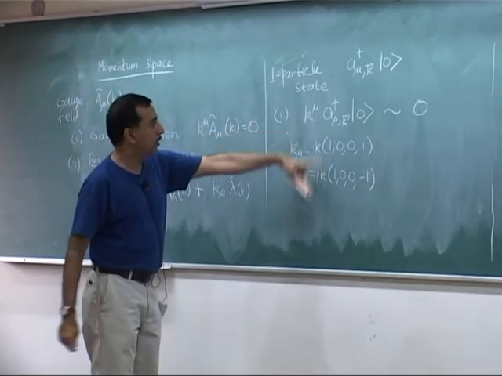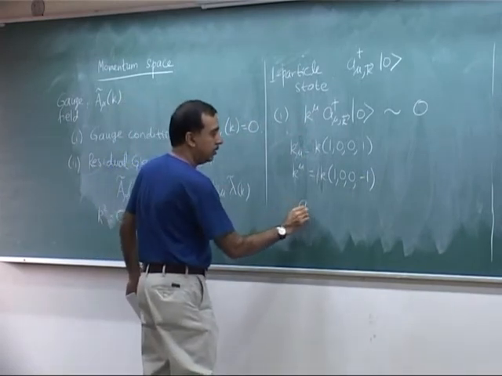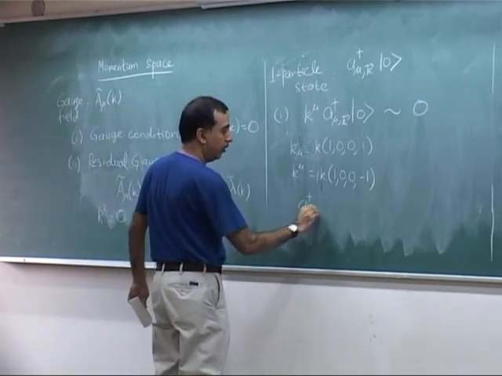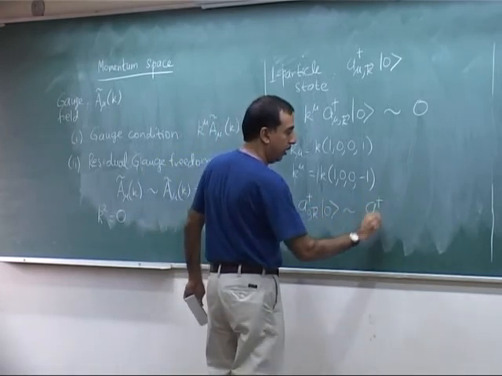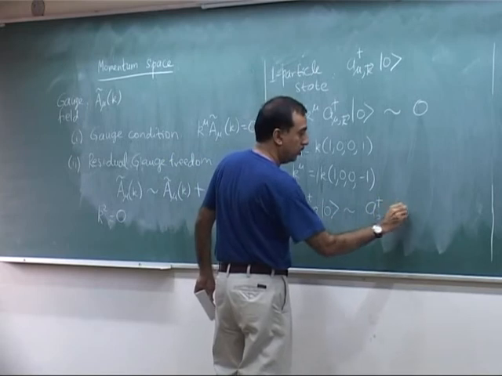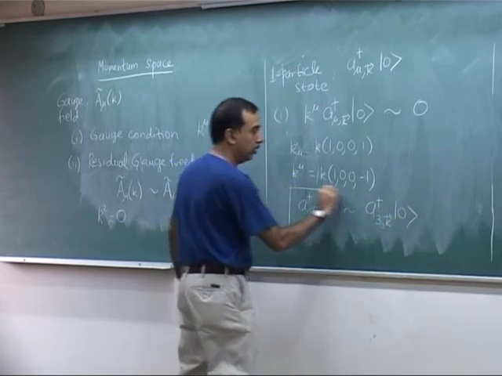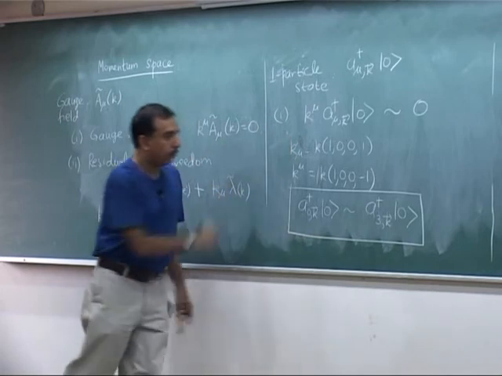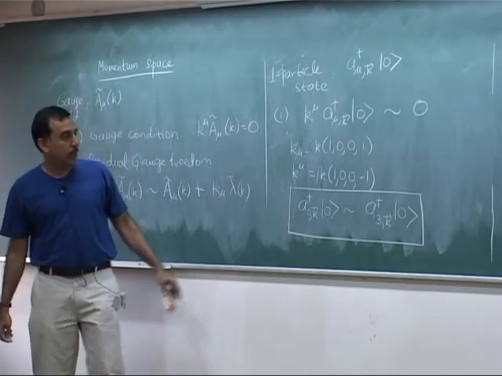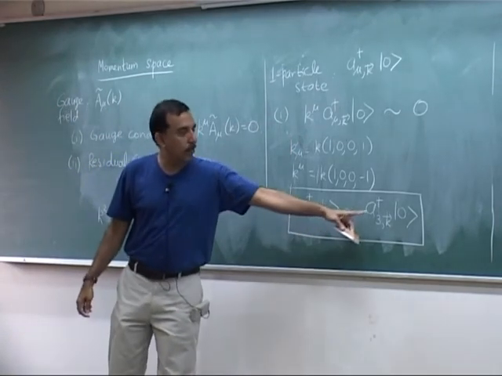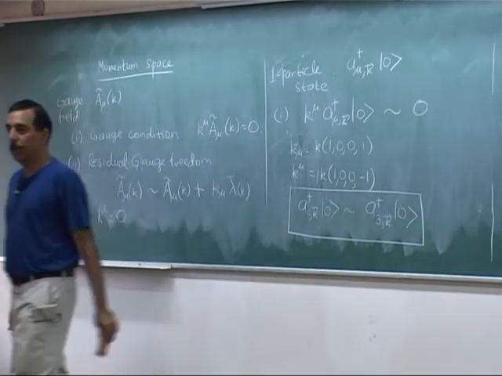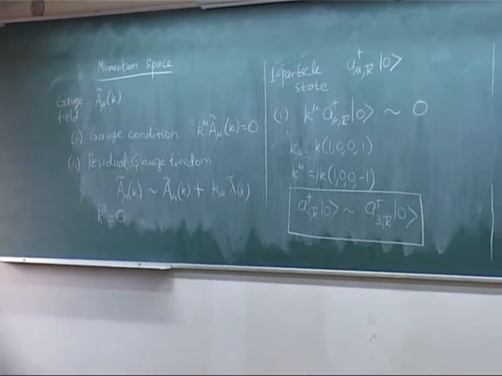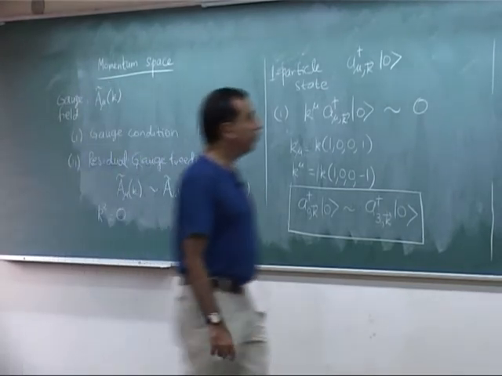If I impose this on this, I see that the state A0 dagger on 0 is identified with A3 dagger on 0. So this is one constraint. If you like, it means that all states of the form A0 dagger minus A3 dagger on 0 are set to 0. So it's like projection onto that. So that's one step. What about the second one?